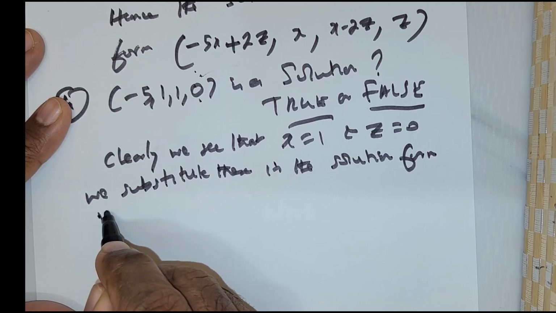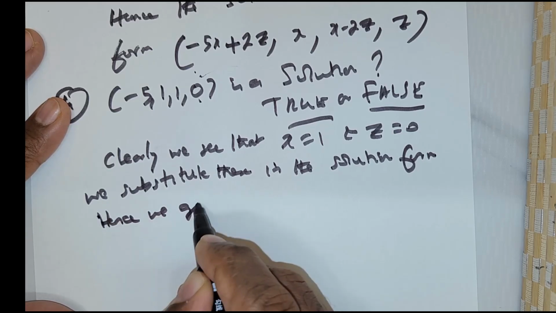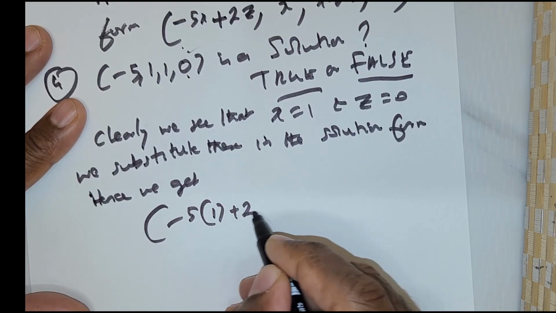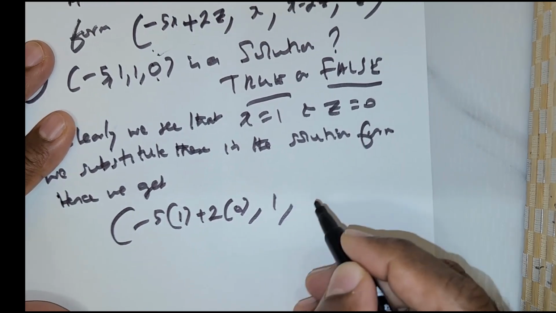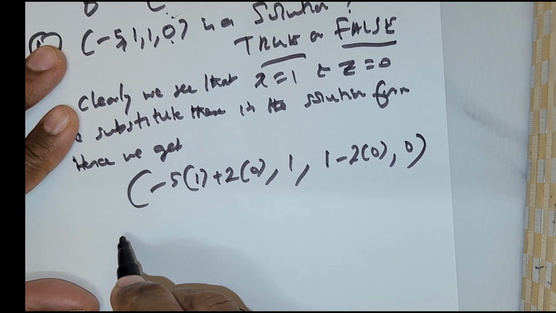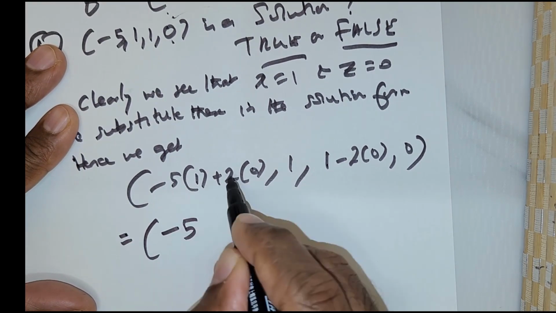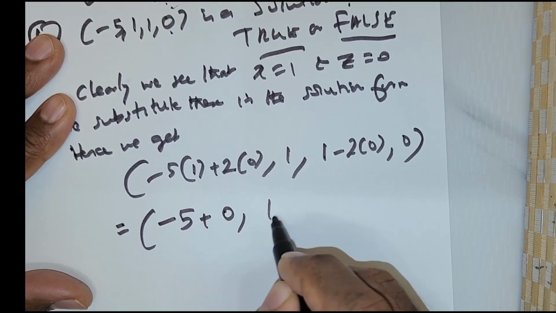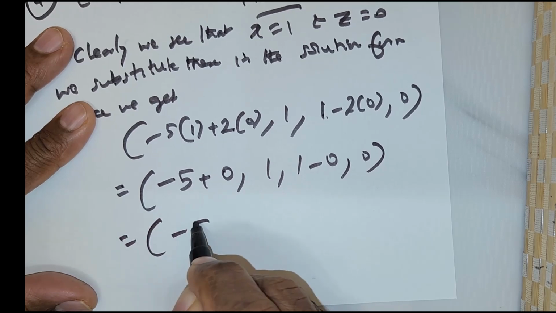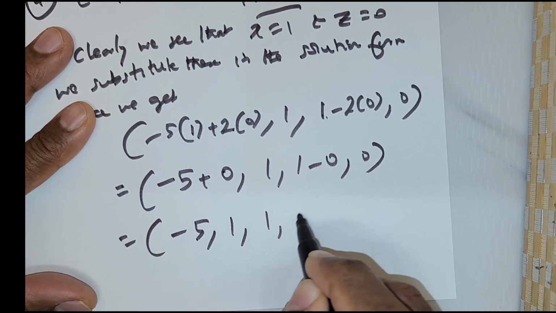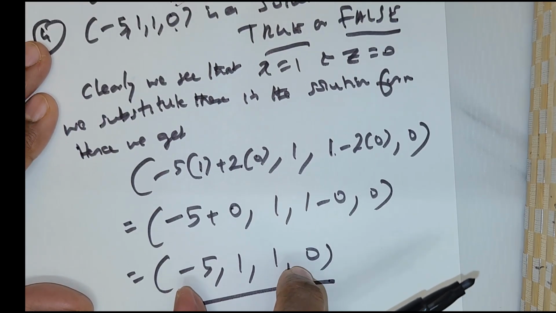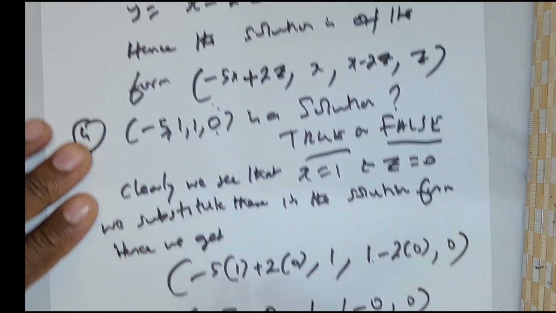So what do we get? Hence we get negative 5x is equal to negative 5, y is x minus 2z, which is 1, x is 1, and z is 0. So what is this? This is negative 5, 1, 1, 0. And this is exactly what is given here.